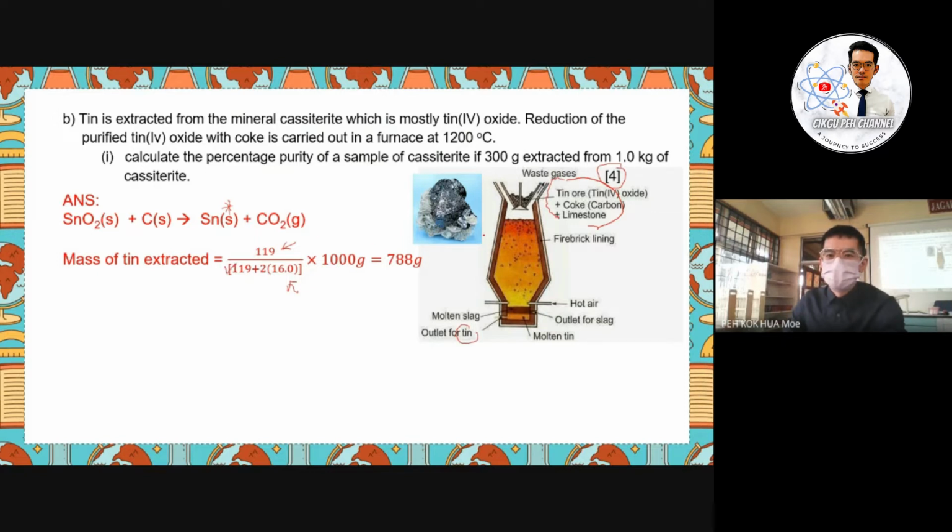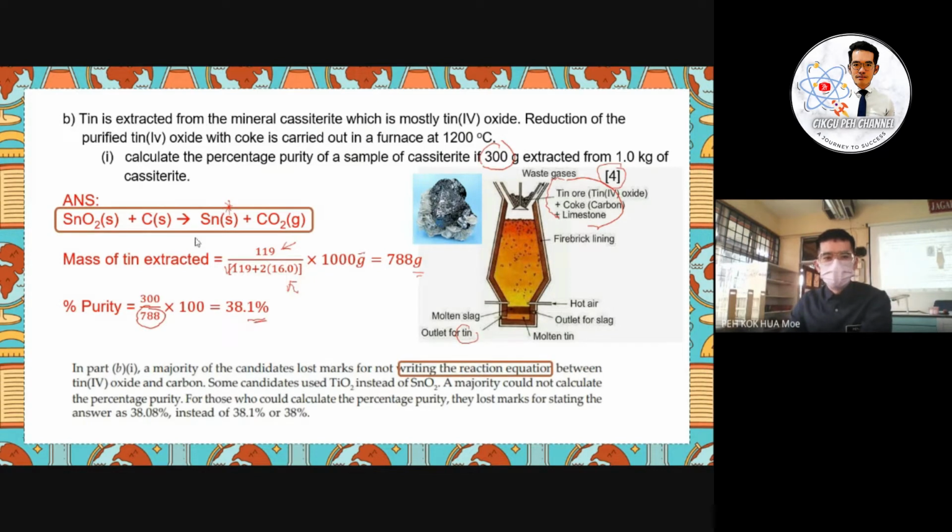Multiply with 1 kg, we have to change to gram, so we get 788 grams. So for the percentage, because in the question it is given that they are only able to extract 300 grams from 1 kg of the mineral, but actually for 100%, you will get 788. So we just divide and get 38.1% purity.